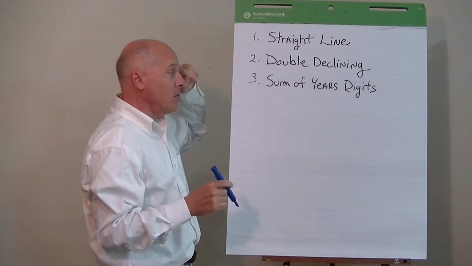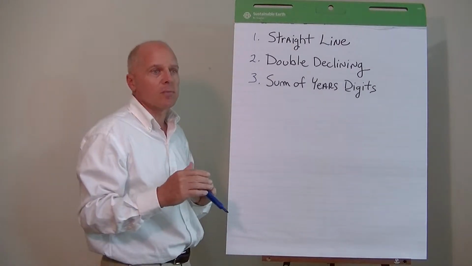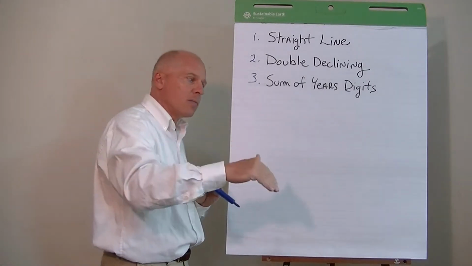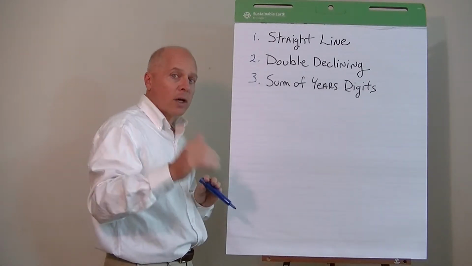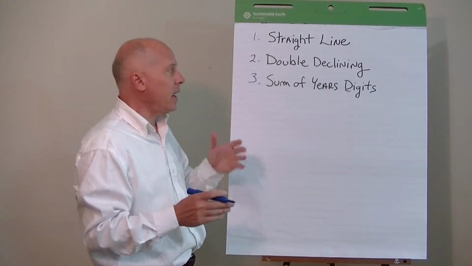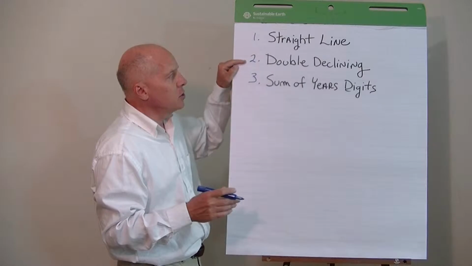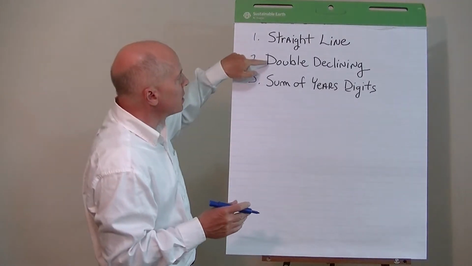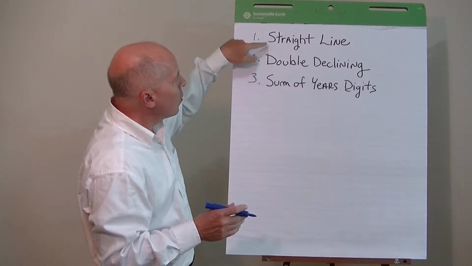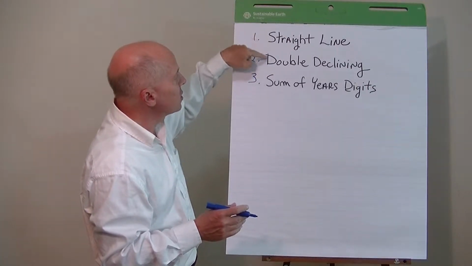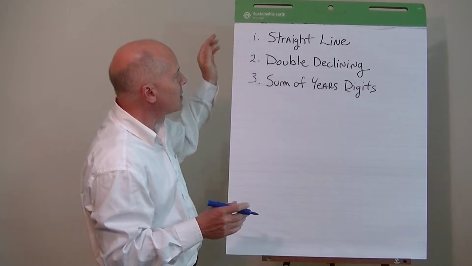On the other hand, if you have an asset like a vehicle, cars, trucks, there are certain kinds of assets that lose their value very quickly. In that situation, you would probably want to choose the double declining balance method of depreciation, where we double whatever the straight line rate of depreciation is to accelerate the write-off of that asset.